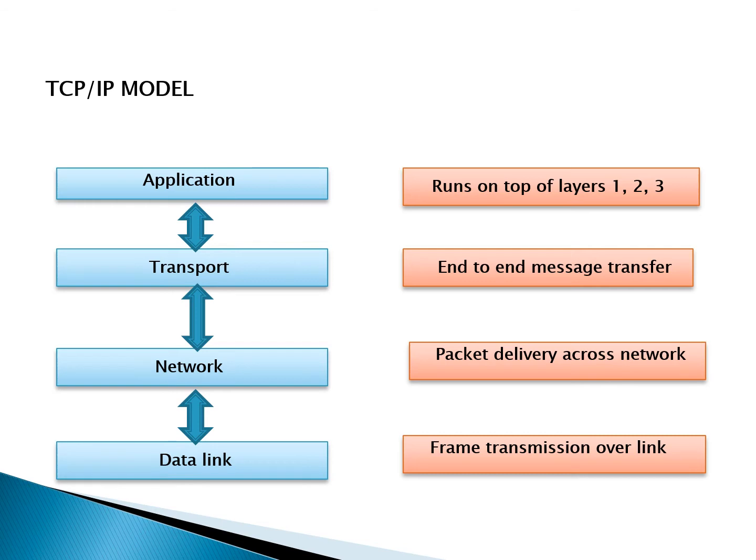This data link layer is used for frame transmission over a link. The point is, whenever you want to connect over the internet, you want a network interface card. And the network interface card integrates both the physical and data link layers. So these are the 4 layers of the simplified TCP/IP model.